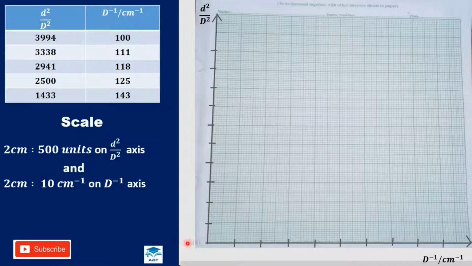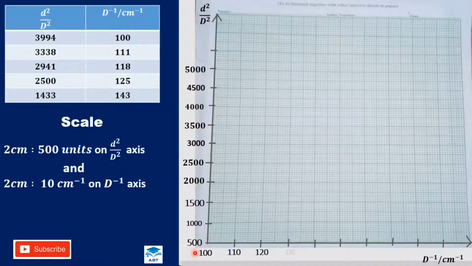Starting from 500 we have 500, 1000, 1500, 2000, and so on. We choose another scale of 2 cm to 10 per cm on the capital D inverse axis. Starting from 100, we have 100, 110, 120, 130, and so on.